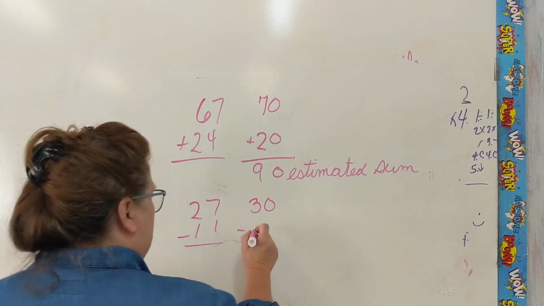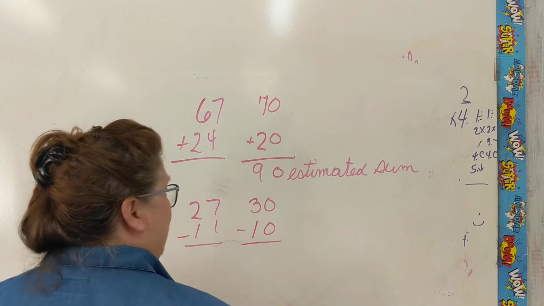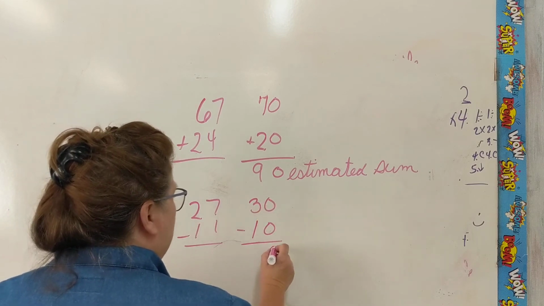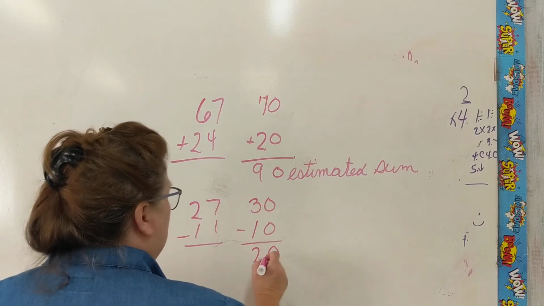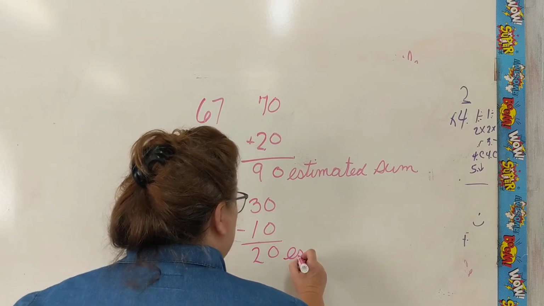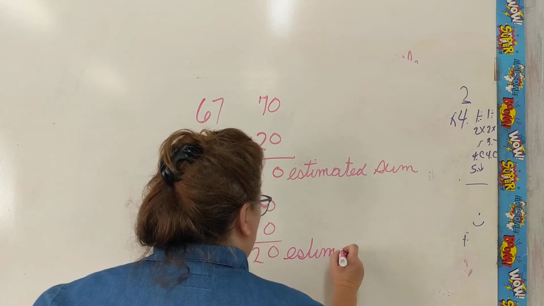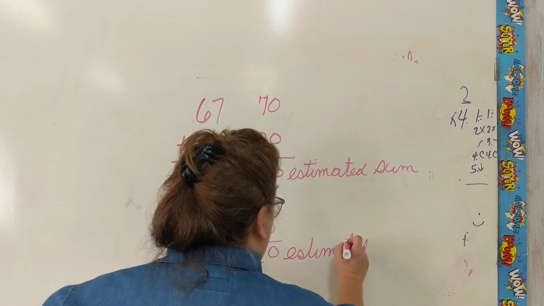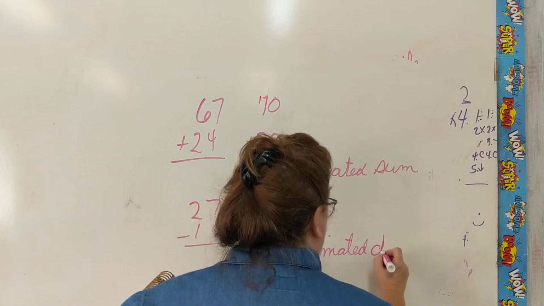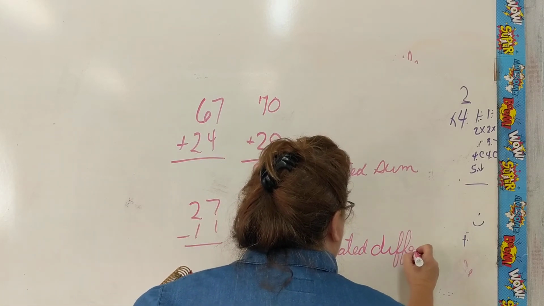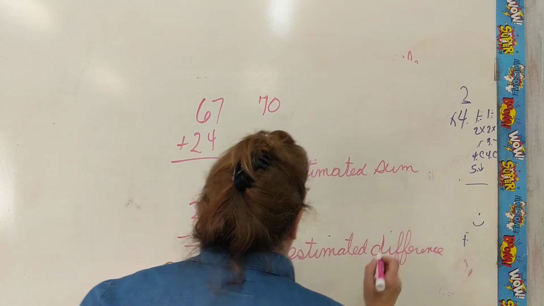It's closer to 10. So we're going to say 30 minus 10. 0 minus 0 is 0. 3 minus 1 is 2. So our estimated difference is 20. It's not the real answer. It's close to the real answer. It's estimated. That is our estimated difference.